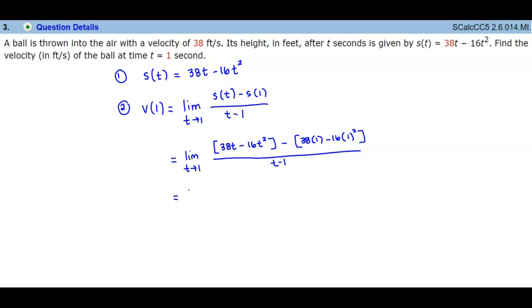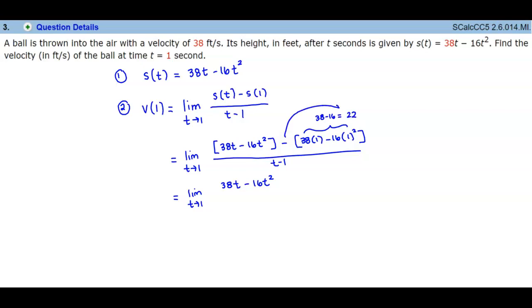Okay, so let's go ahead and combine like terms here. So in the numerator we have 38t minus 16t squared. Okay, over here this gives us 38 minus 16, which is equal to 22.